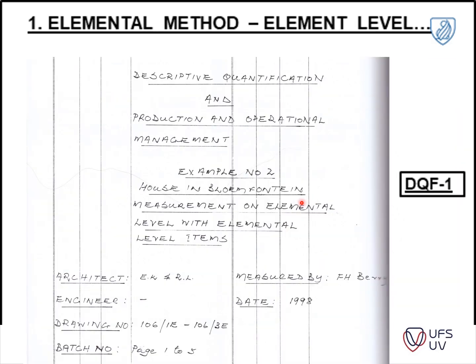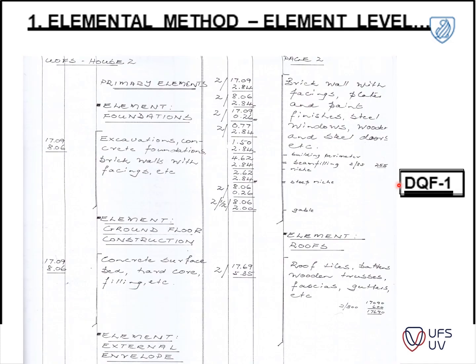So if you go through your example as per the study notes, you will see this example does pop up, but we'll still go through this in a bit more practical sense of it.